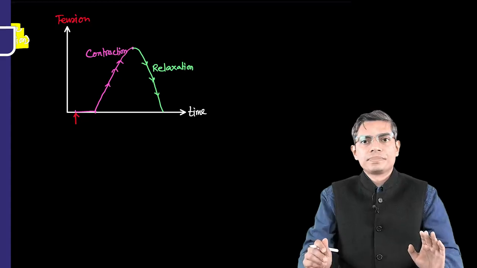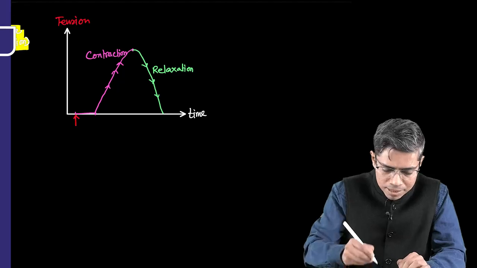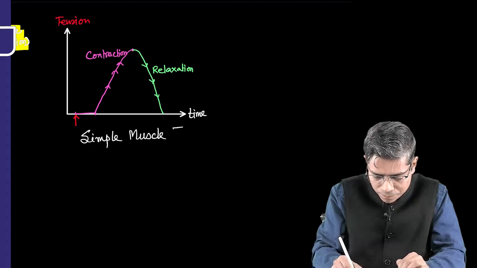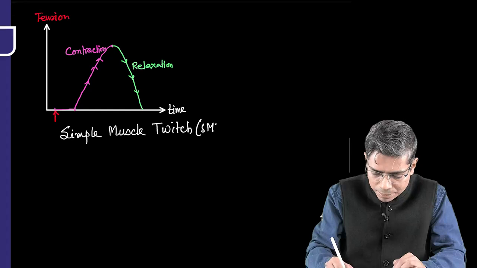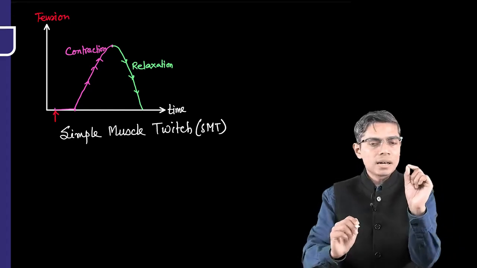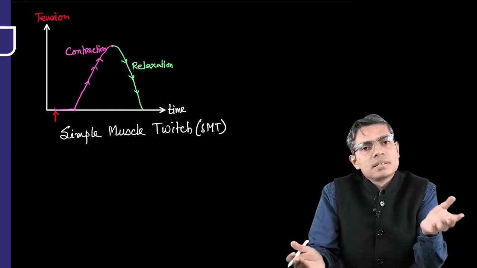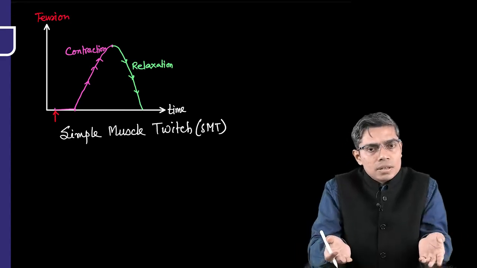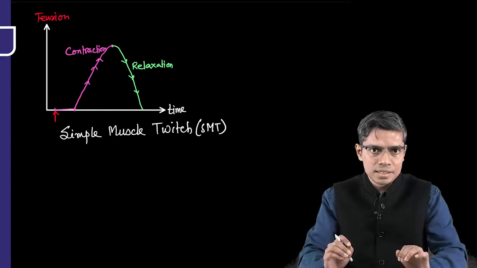This recording is known as the recording of a simple muscle twitch, simply known as SMT. If you stimulate a muscle only once, the muscle will contract followed by relaxation. That is a simple muscle twitch. Only one contraction, one relaxation. That's all. So a simple muscle twitch is nothing but contraction followed by a relaxation.